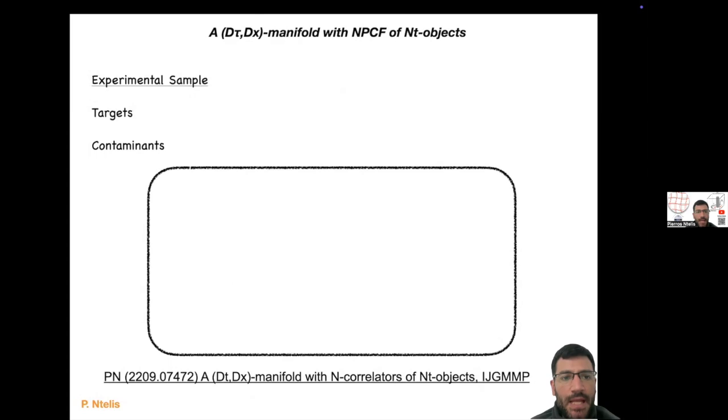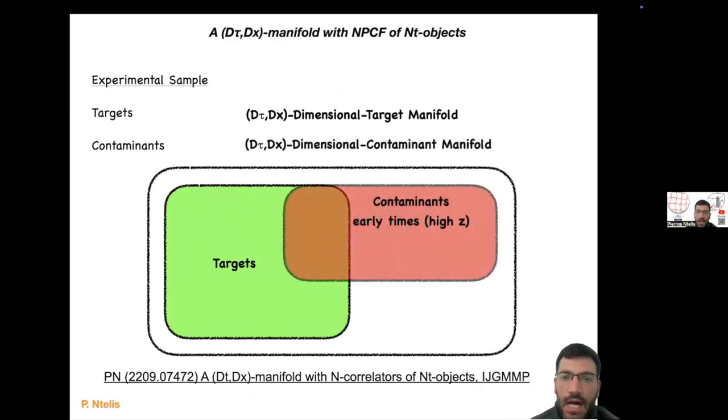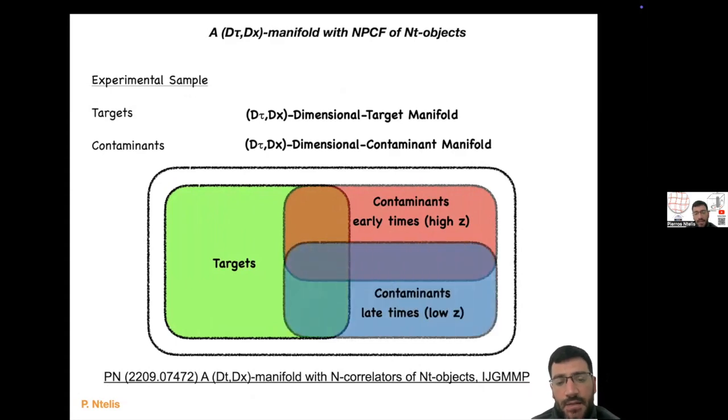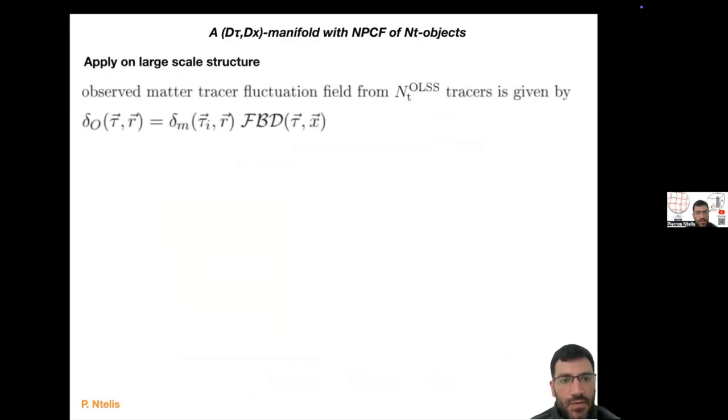How is this done? Basically, all targets are in the extra time and space dimensional target manifold. And we have the extra dimensional contaminant manifold from early times and from late times, as done before. Now, by considering these ideas, we can basically rewrite the equations that Pullen et al. wrote, and we can simply write it as follows.